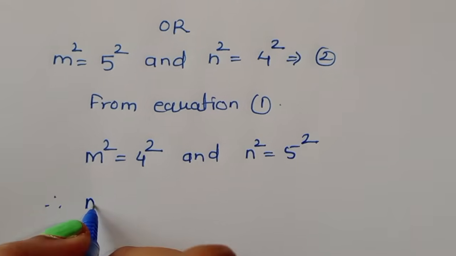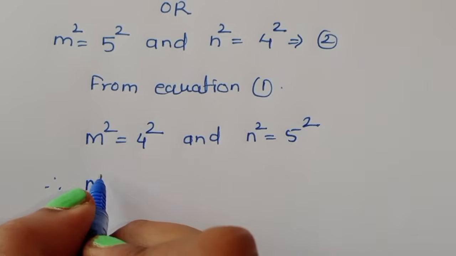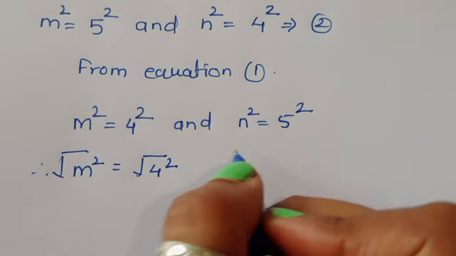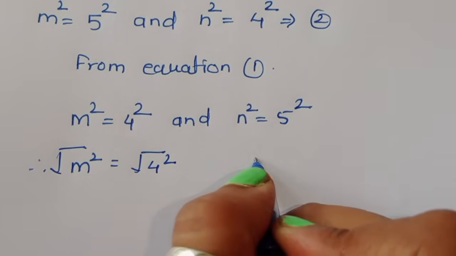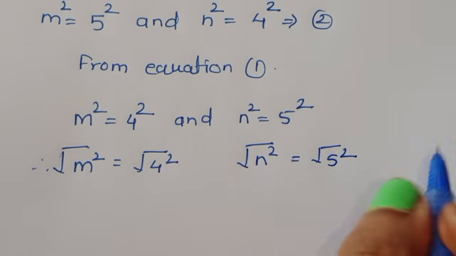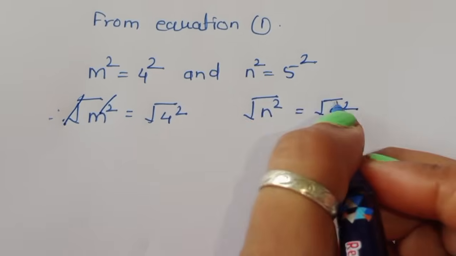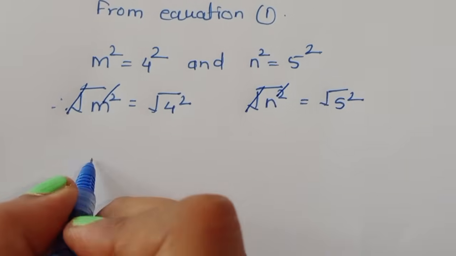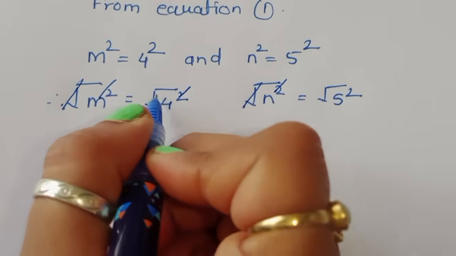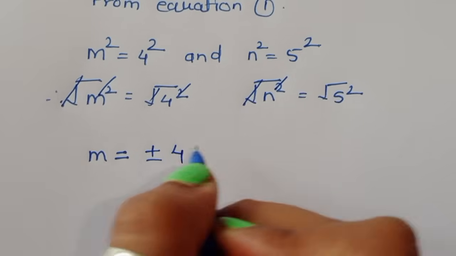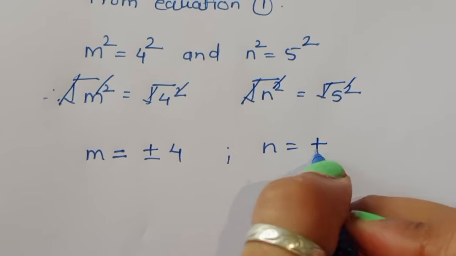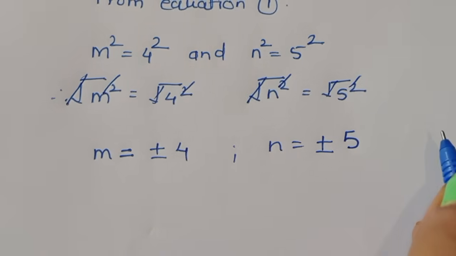Therefore, taking the square root, the square is cancelled from the square root, so m is equal to plus minus 4 and n is equal to plus minus 5, right?